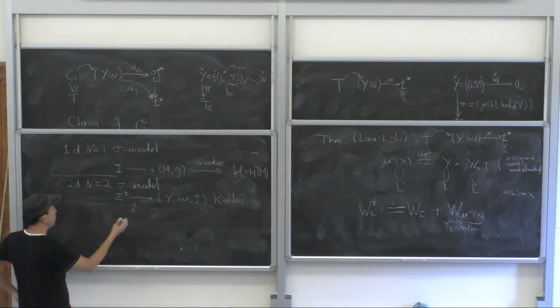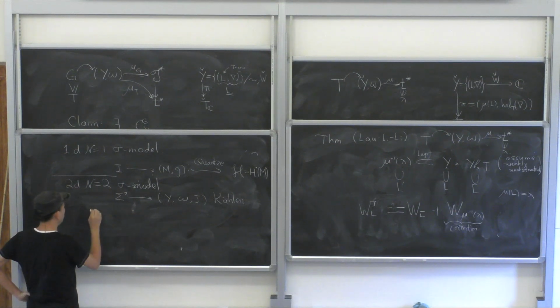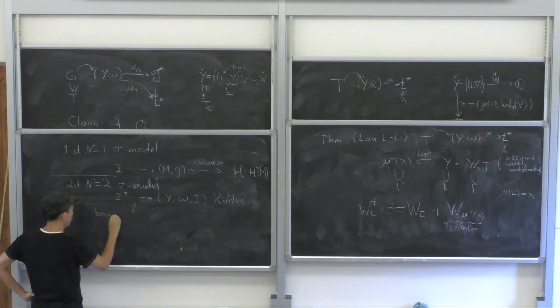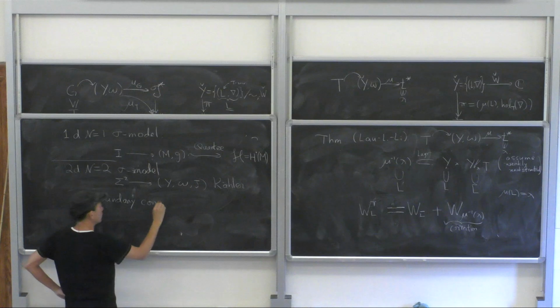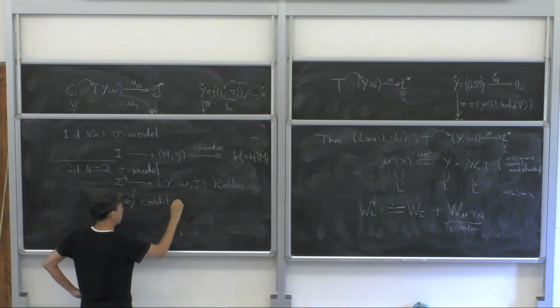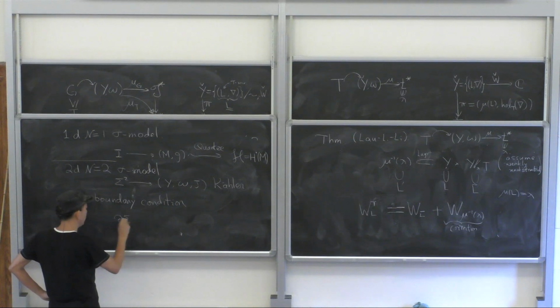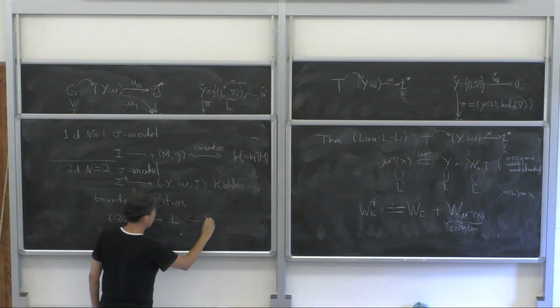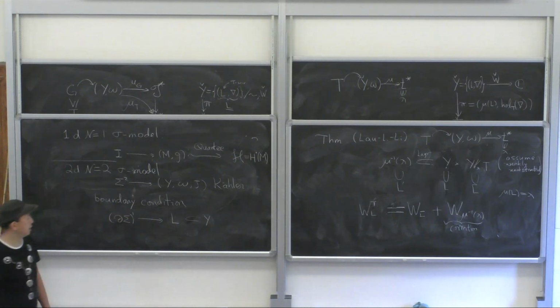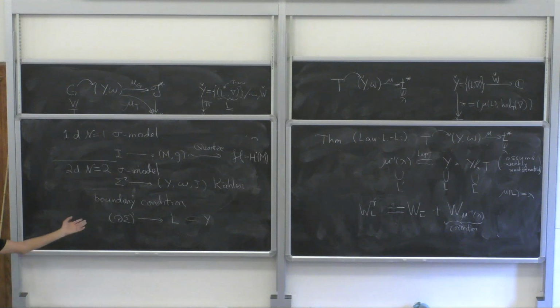Then you may also want to couple, because you have a string, so you can have boundary conditions by saying that the boundary, which is a one-dimensional space, maps to some subspace inside Y, and you have to try to preserve at least as much supersymmetry as possible, meaning N equal to 1 supersymmetry on the boundary.